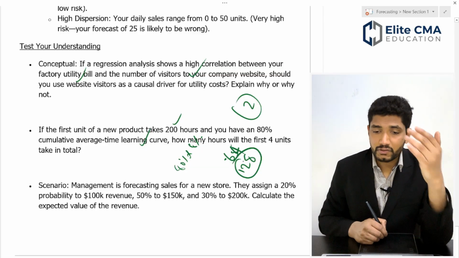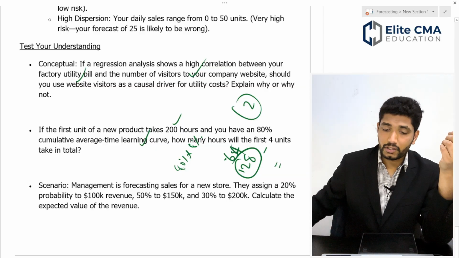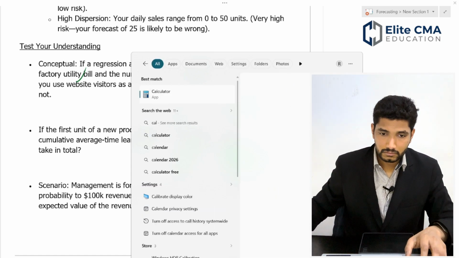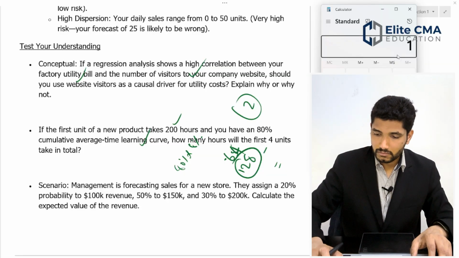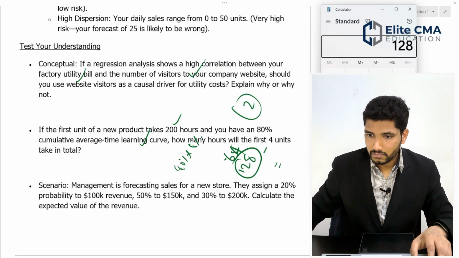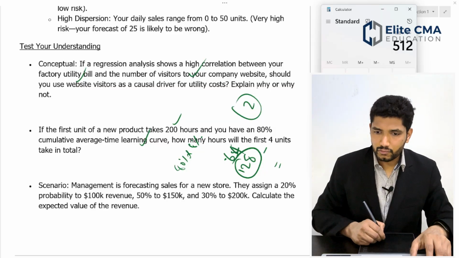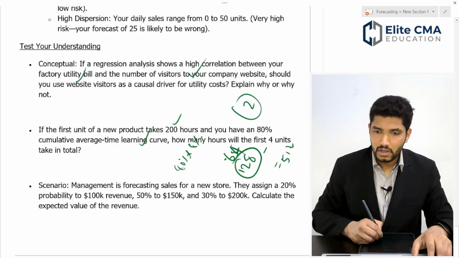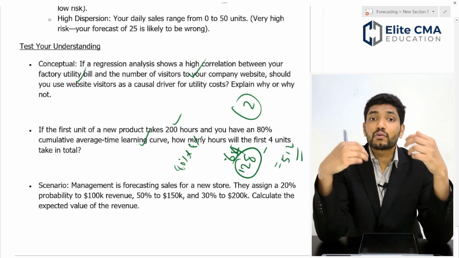This 128 is for the first unit, and you have to multiply 128 by 4 to calculate the total. Let me take my calculator. It is 511. So it will take 511 hours to complete your first 4 units.